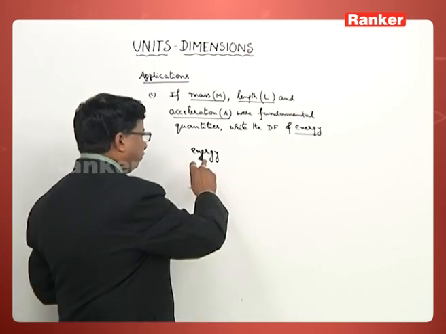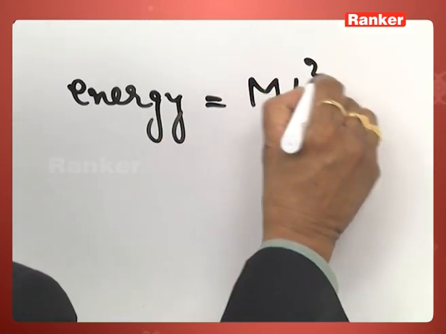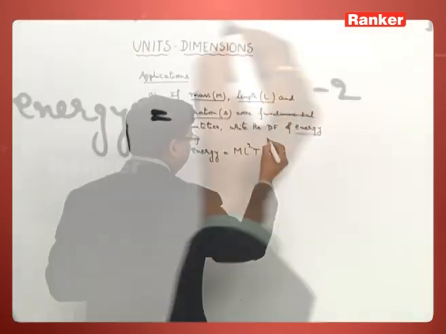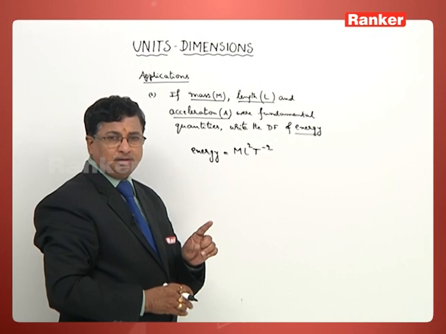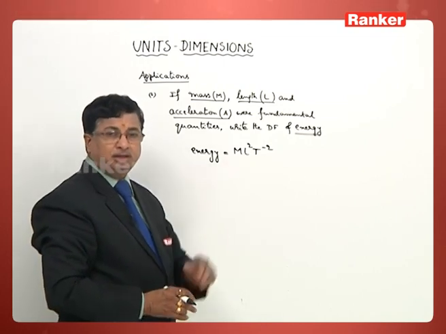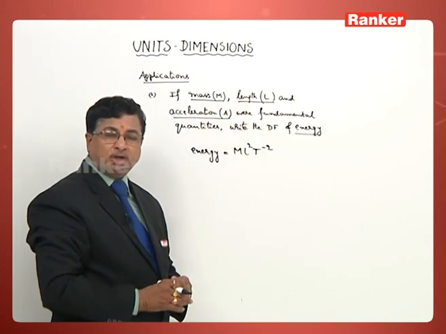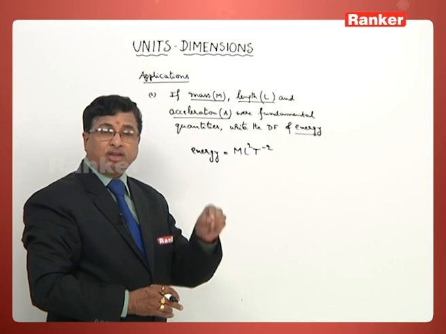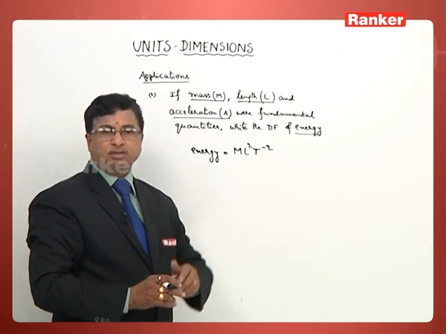Now, let us check the first one, energy. We have a dimensional formula this way, M L square T power minus 2. If you can write this dimensional formula in terms of the dimensions of these 3 physical quantities which have been chosen as fundamental quantities, then you directly will get the answer.